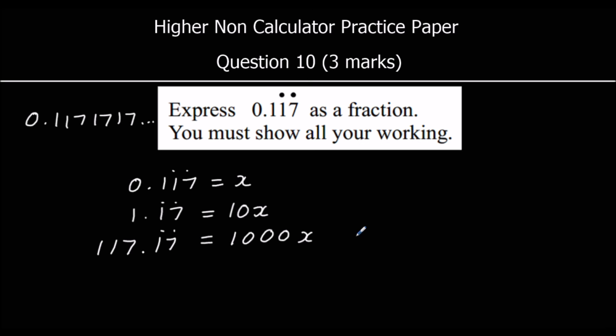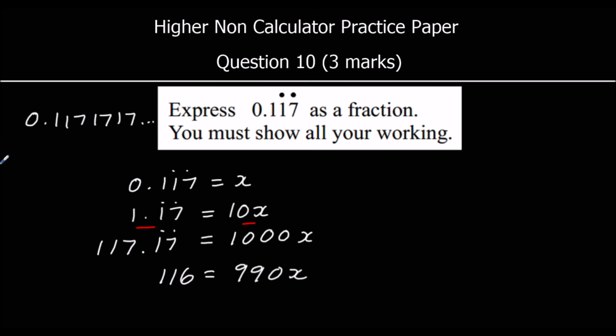Now I can get rid of the recurring bit by taking these away. Do the bottom one, take away the top one. So 1,000 x's, take away 10 x's, is 990 of them. And 117 point something, take away 1 point, the same something, is the same as 117 take away 1, which is 116.